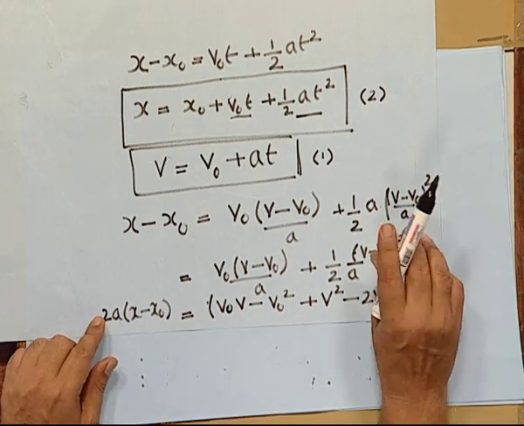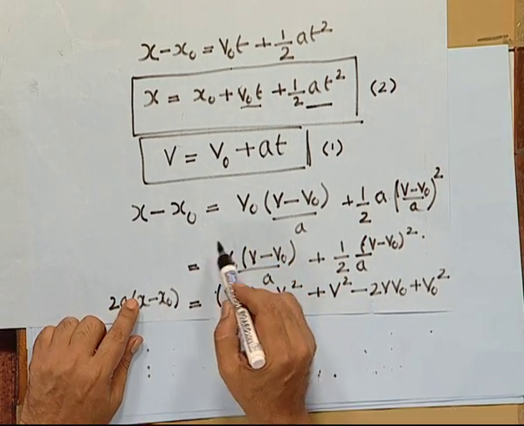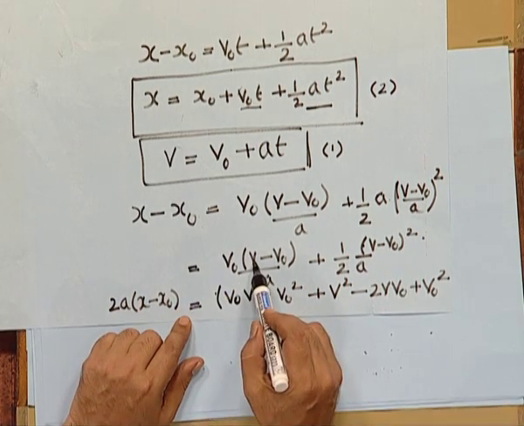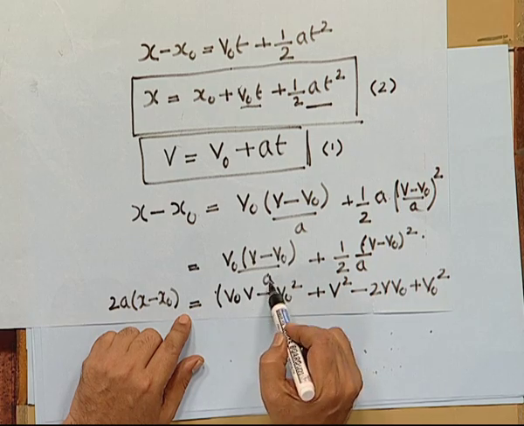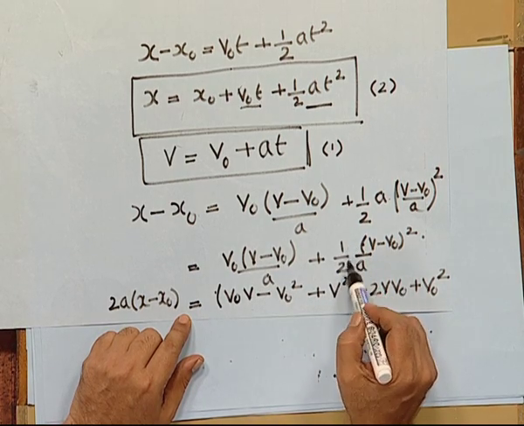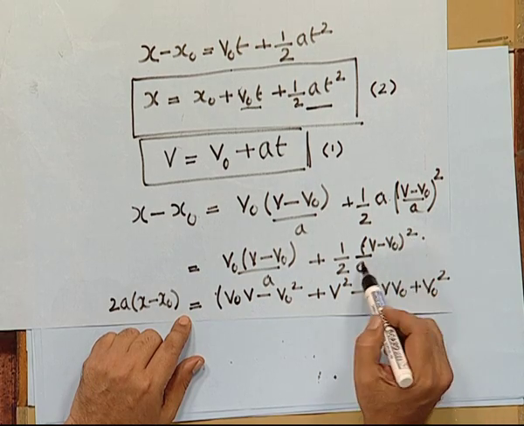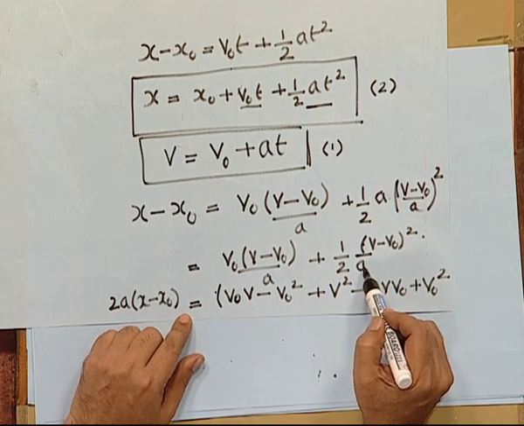Now, when simplifying this, we have x minus x naught on the left hand side equal to v naught into (v minus v naught) by a plus half into (v minus v naught) whole squared, and in the denominator we have a.